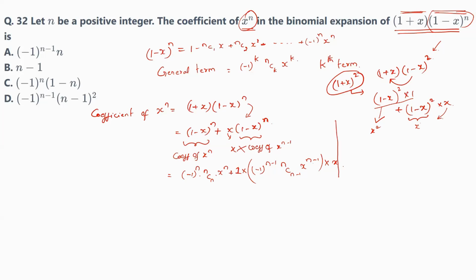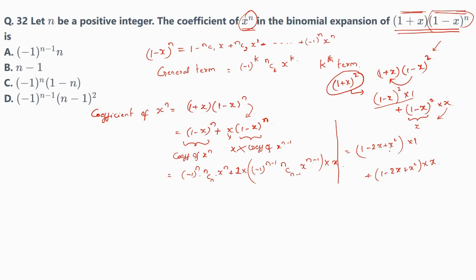Let us see. What is the expansion of (1 - x)^2? That is 1 minus 2x plus x square into 1 plus (1 - 2x + x square) into x. Right? This is the expansion of this. Now, what is the coefficient of x square in this entire thing?